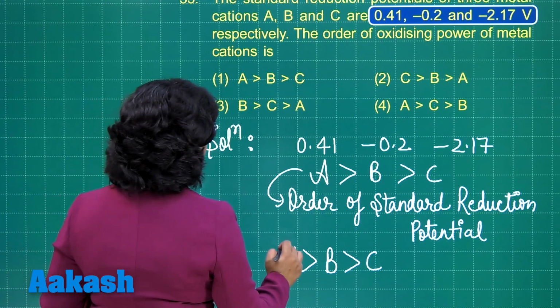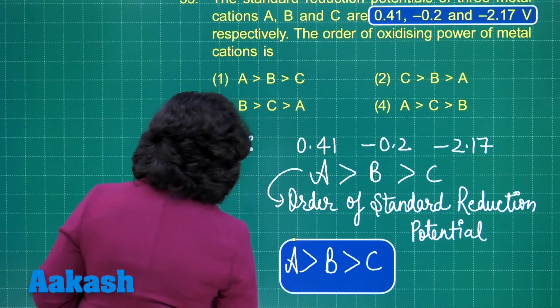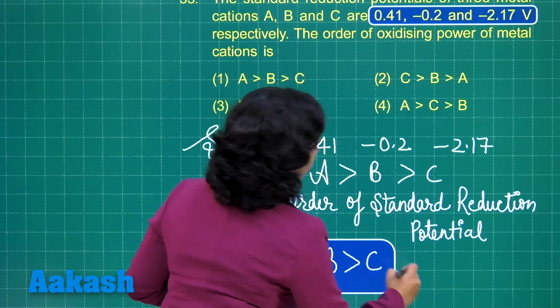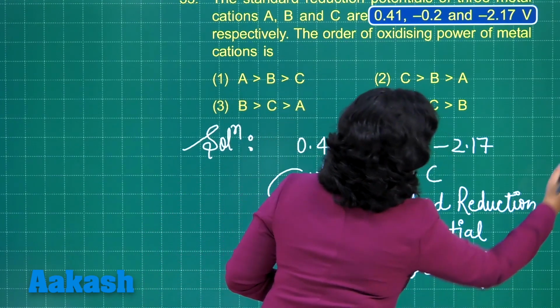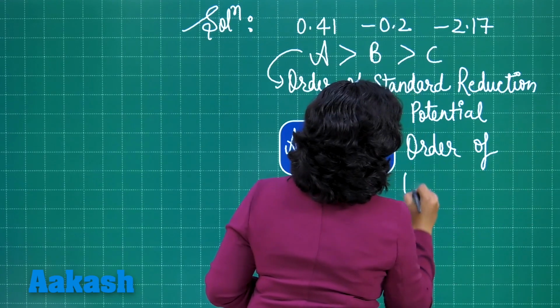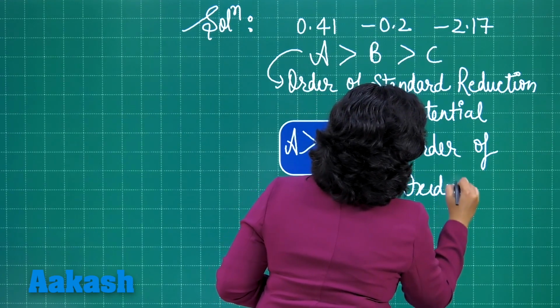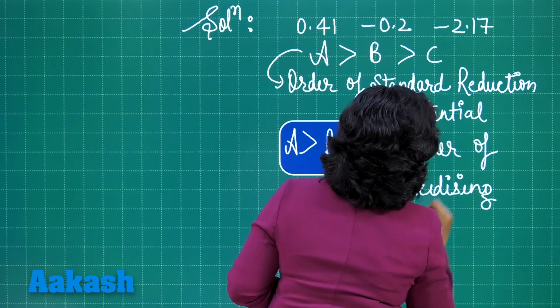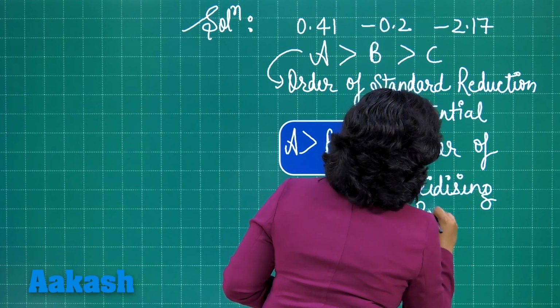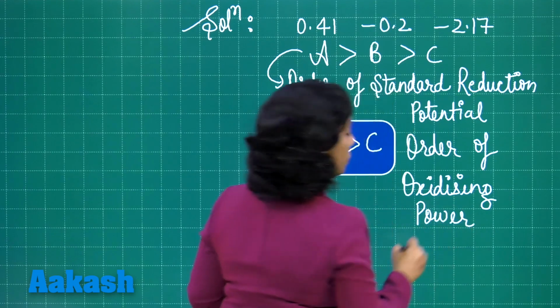I'll just highlight this because it is clearly representing the order of oxidizing power. Clear?